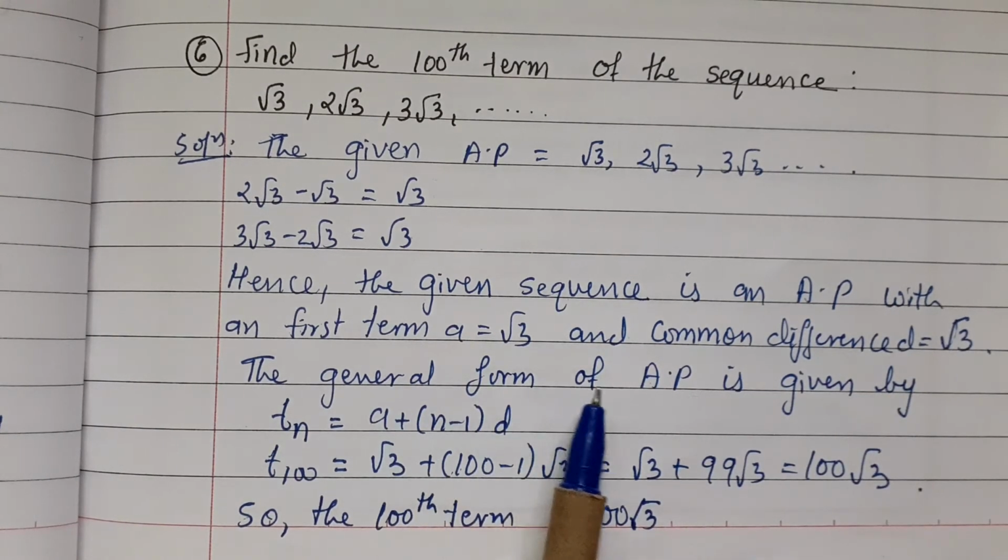The general form of an AP is given by Tn equal to A plus (n minus 1) into D. T100 equal to root 3 plus (100 minus 1) into root 3, 100 minus 1 is 99 root 3. 1 root 3 plus 99 root 3 equal to 100 root 3. The 100th term equal to 100 root 3.